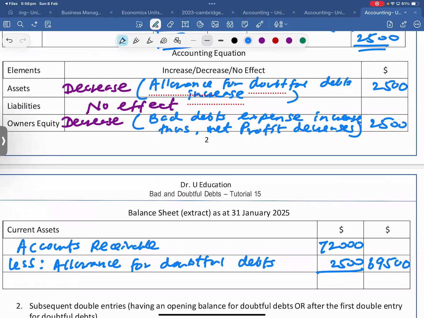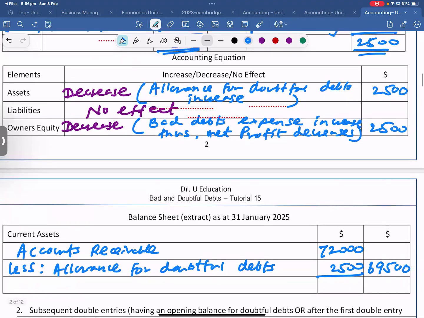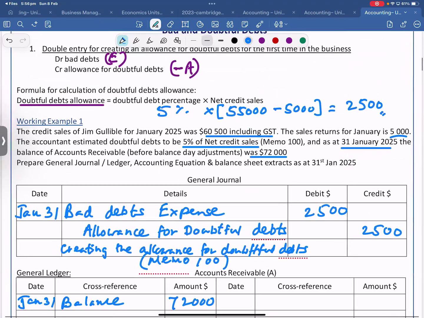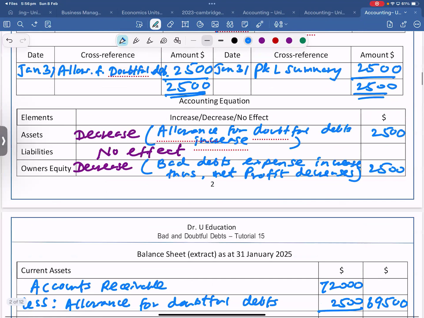Where do they get the percentage from? The percentage is taken from the accountants' or the owners' experience. It depends, for example, it can be 10% or 2%. You have to have it as long as you have credit sales. Why? Because we never know.